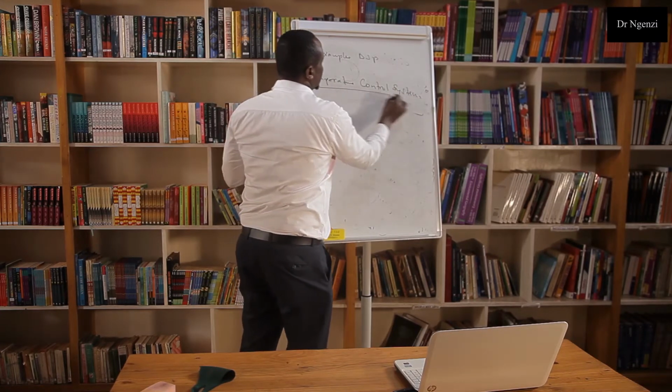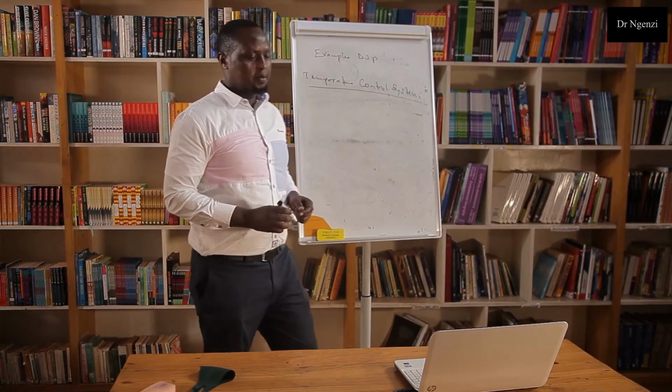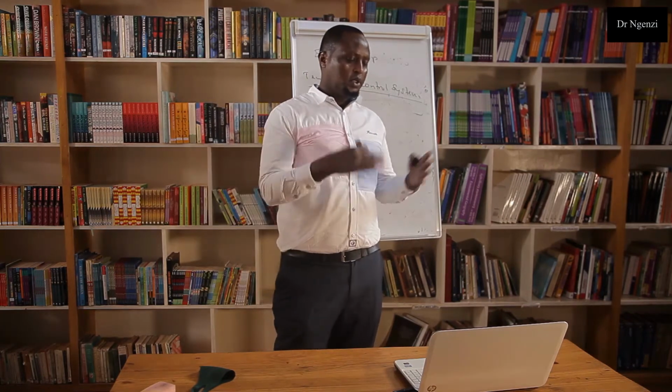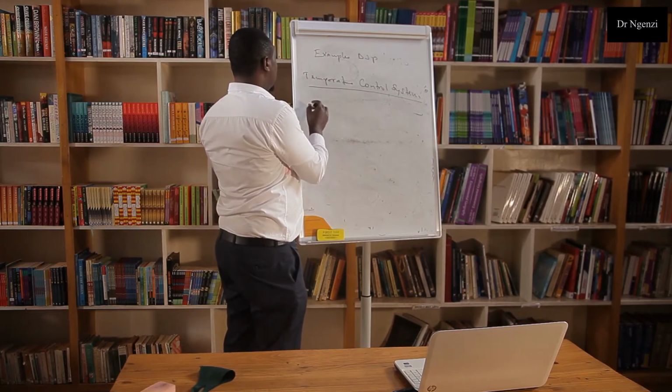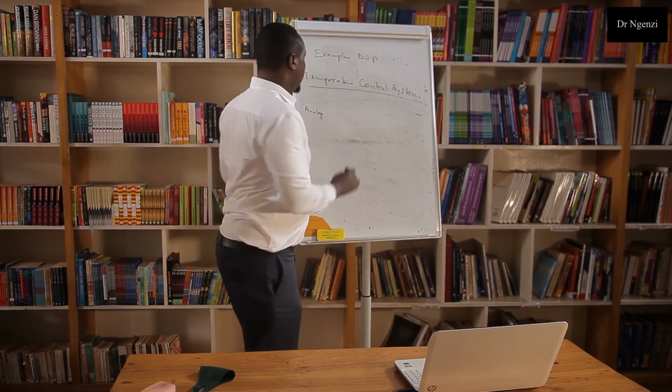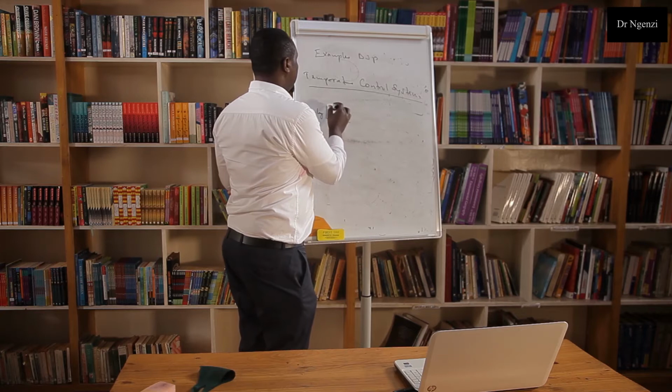Suppose you have a temperature control system, it will be the same way. You have an analog signal, and it undergoes some of the block diagram here.